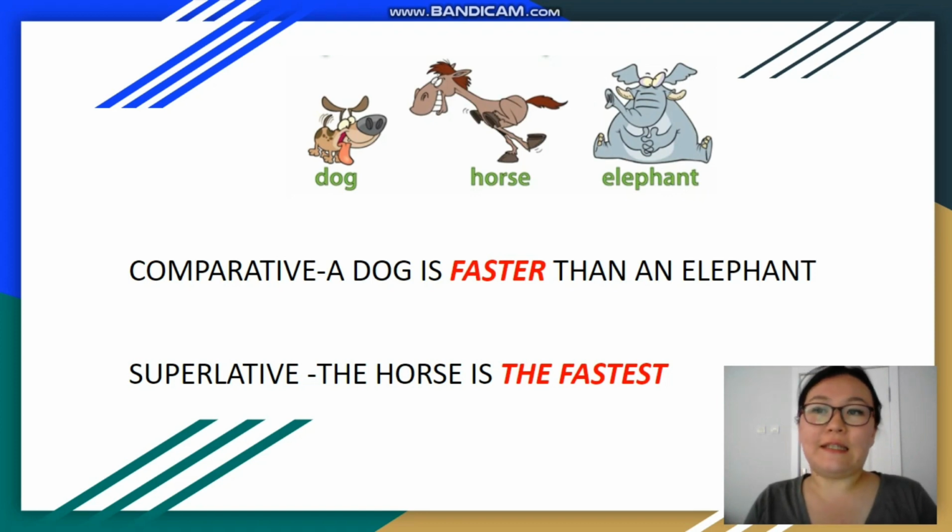Fastest is a superlative. A superlative compares one thing to all the others in the same group. In this case, we're comparing the horse to the other animals in the group, which are the dog and the elephant.